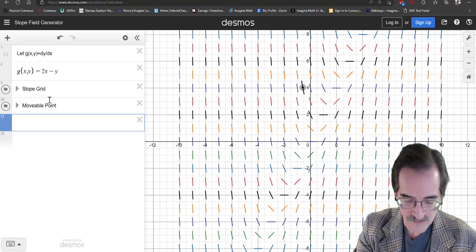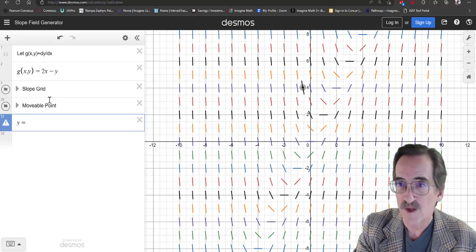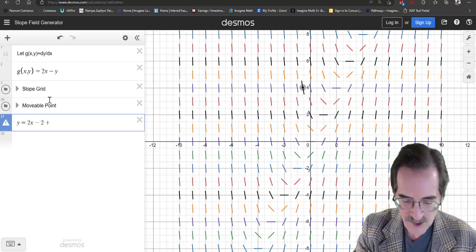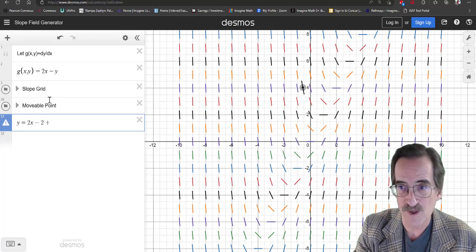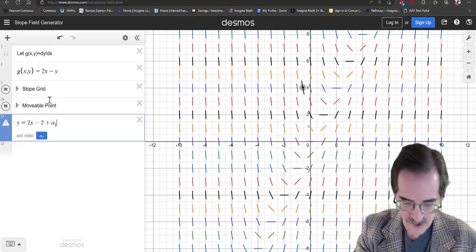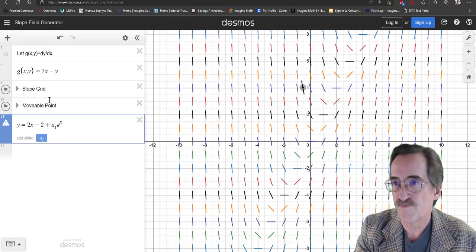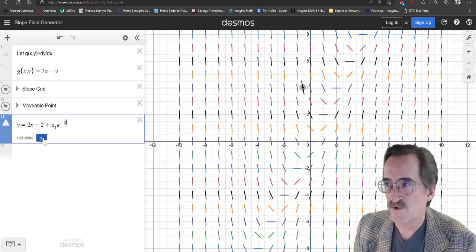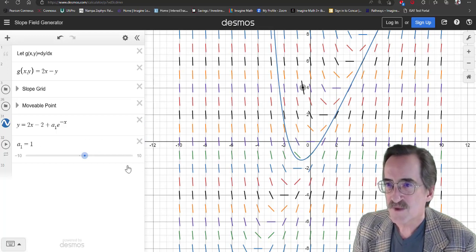But the general solution is y equals 2x minus 2 plus some constant. There's that constant that we put in. I'm going to call that a1, e to the negative x. Okay, and I'm going to add a slider for a1. Okay, and this represents a whole class of functions that fit this slope field.